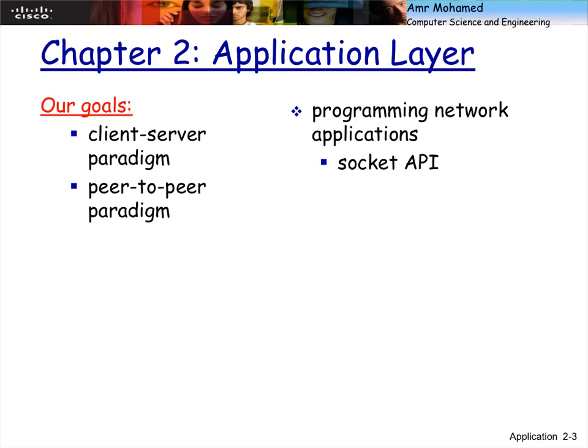So in the client-server paradigm, we talked about the difference between client-server and the peer-to-peer paradigm. And here we need to go into the depth of why we think peer-to-peer, for example, is more scalable. What are the exact issues when it comes to client-server versus peer-to-peer? If peer-to-peer is that attractive, why do we still use the client-server model?